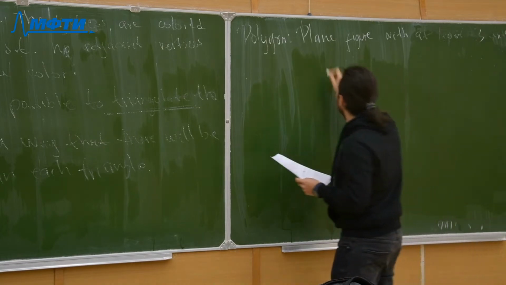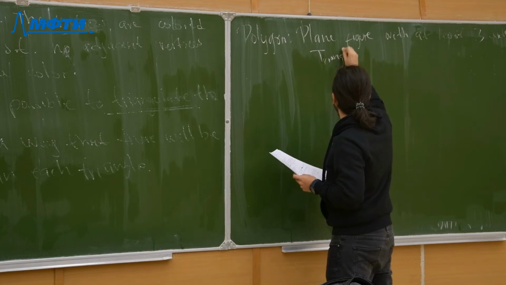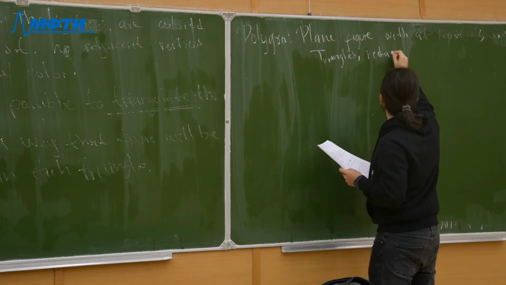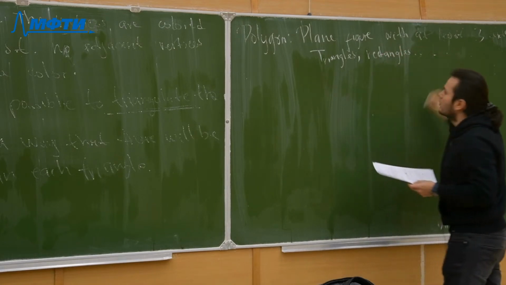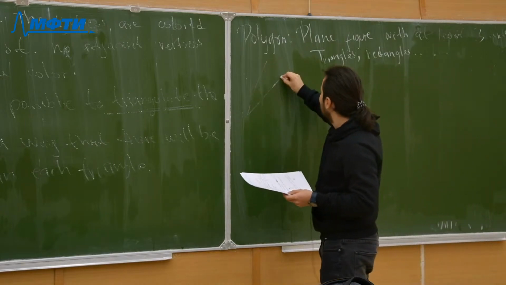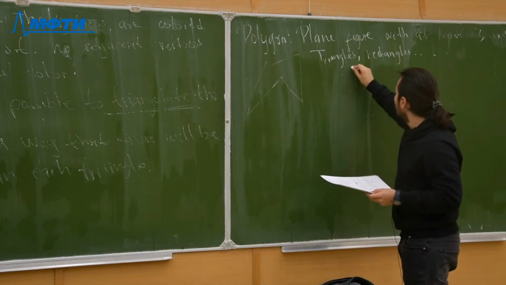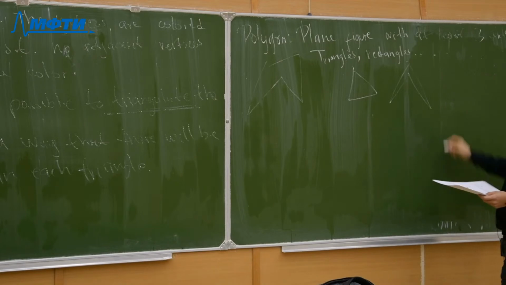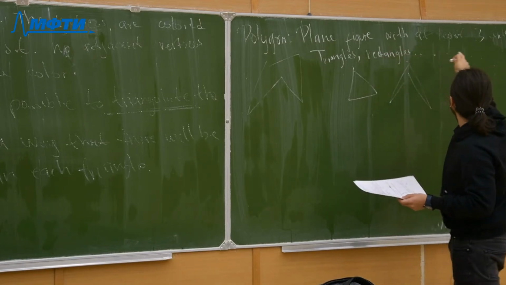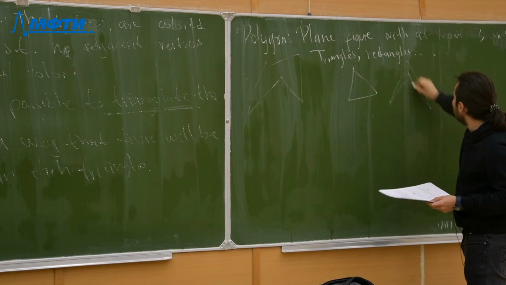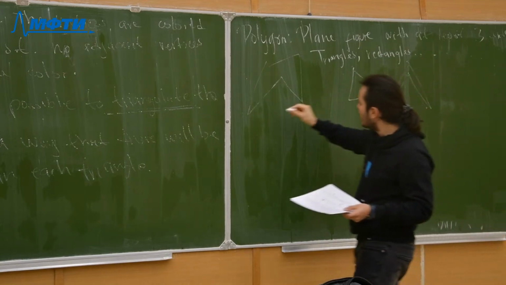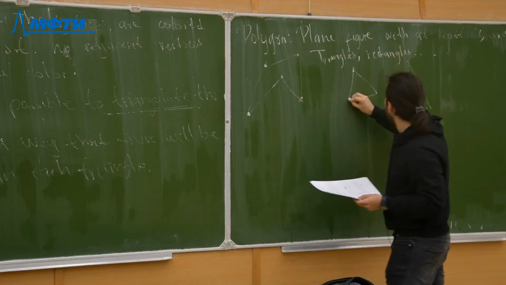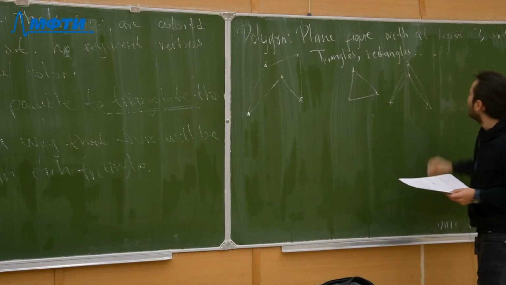So we have triangles, rectangles, and so on. So this is just like anything like this, or this, or like this, right? So we have these sides, and the vertices are called these points here, right? These are called the vertices of the polygon.